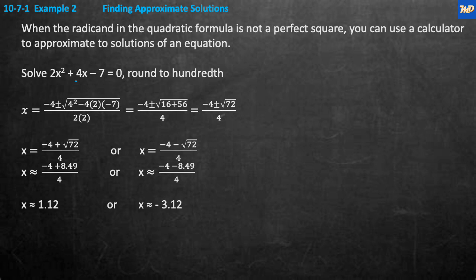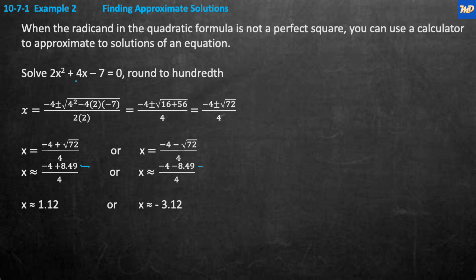And since we can't take the square root and get a perfect square by any means, we're going to have to take the calculator and get the square root of 72. And we see here that the square root of 72 is 8.49. Okay, so in both equations we have minus 4 plus 8.49, and we also have minus 4 minus 8.49, and it's approximate. These are approximate answers because we took an approximation of the square root of 72.